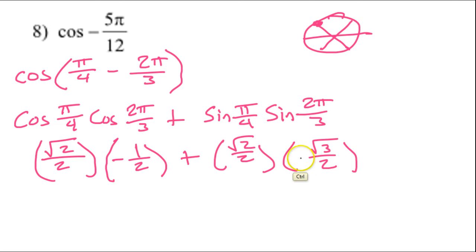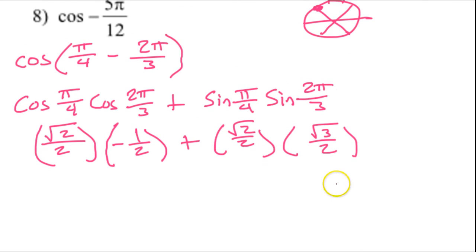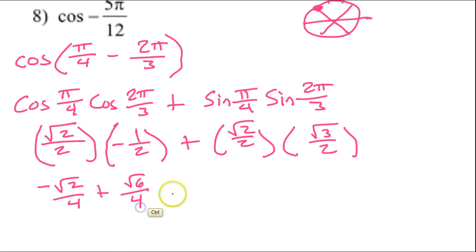So I will just leave this as positive radical 3 over 2. So this is going to give me negative radical 2 over 4 plus radical 6 over 4, which I will probably write as radical 6 minus radical 2 over 4.